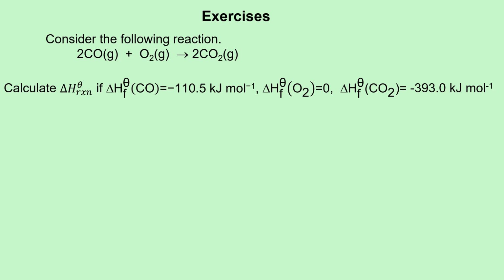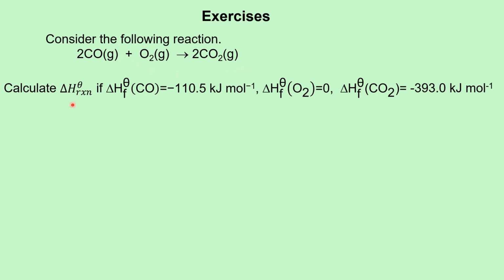Okay, let's look at this exercise. Consider the following reaction. So this is the reaction between carbon monoxide reacting with oxygen to produce carbon dioxide. So in thermochemistry, you have to calculate the enthalpy for this reaction. We know that the enthalpy is the difference of heat between the products and the reactants.